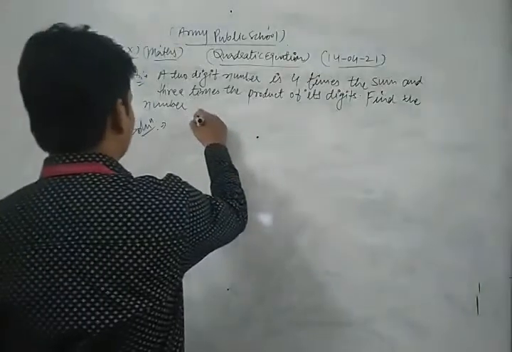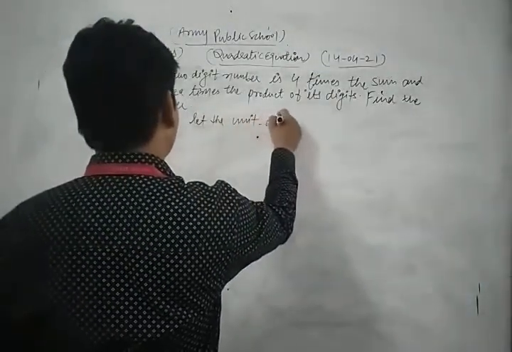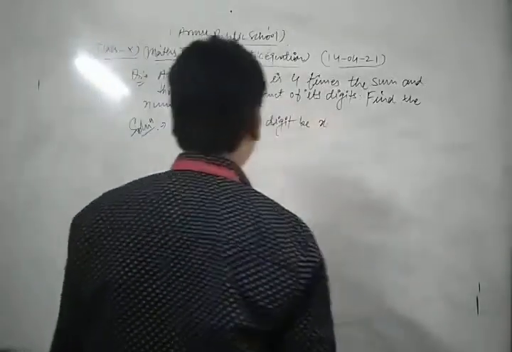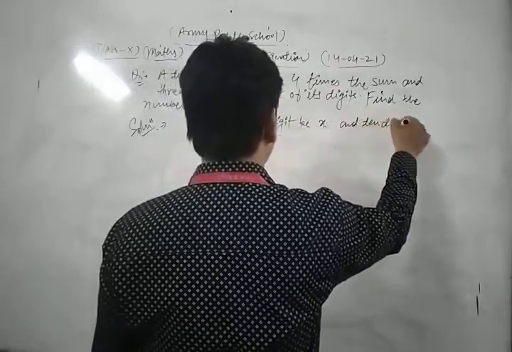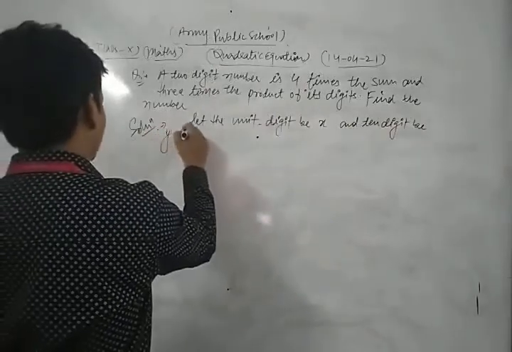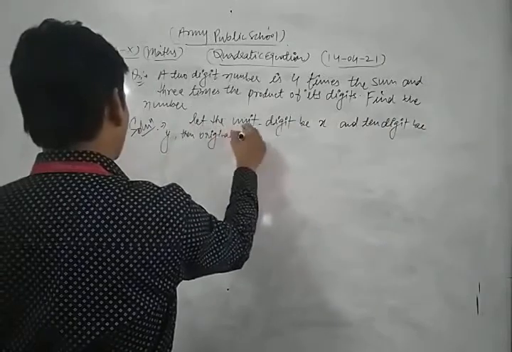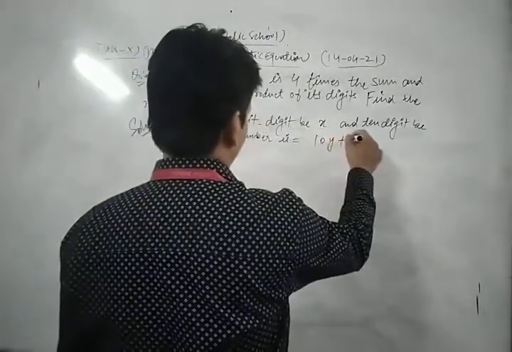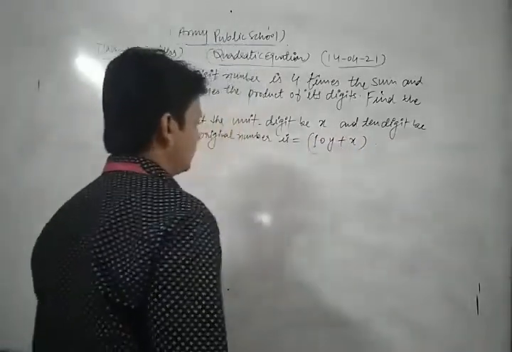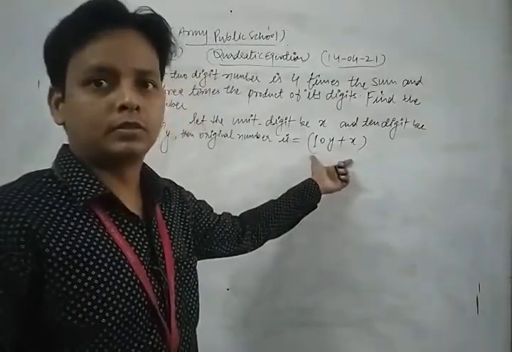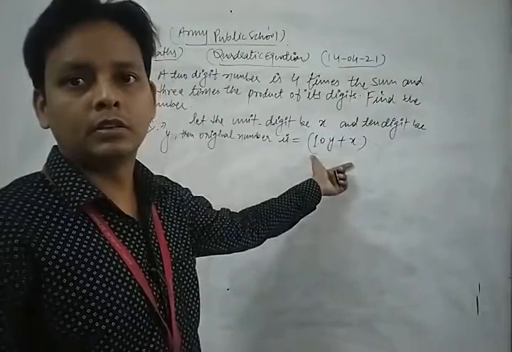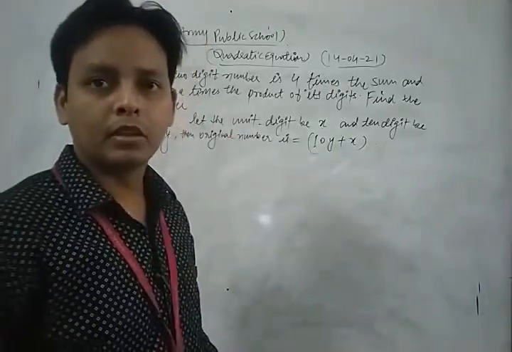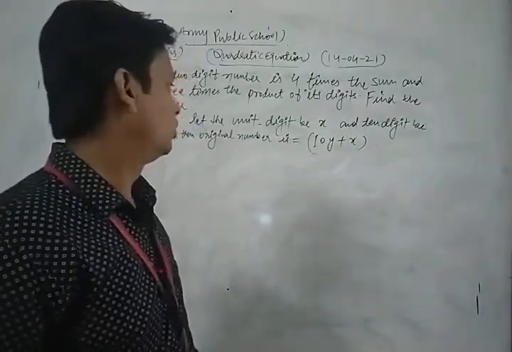First of all, let the unit digit be x and the tens digit be y. Then the original number is 10y plus x.